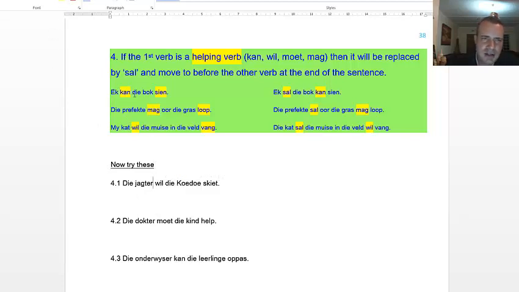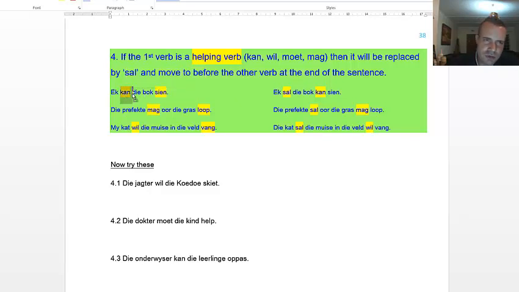I can see the buck. So now we see, oh, kan is a helping verb. So I need to move it to the end of the sentence. But a helping verb always helps another verb. There, it's helping sien. I can see the animal, the buck.